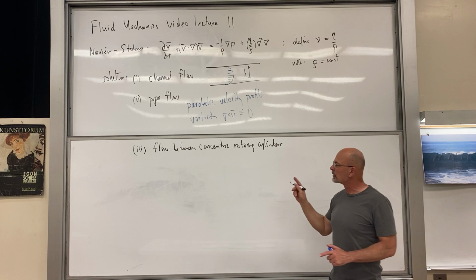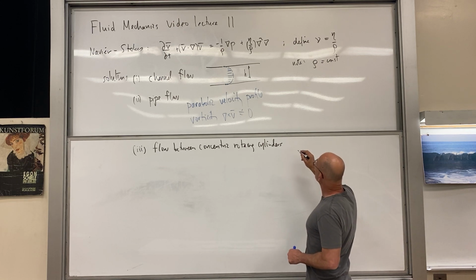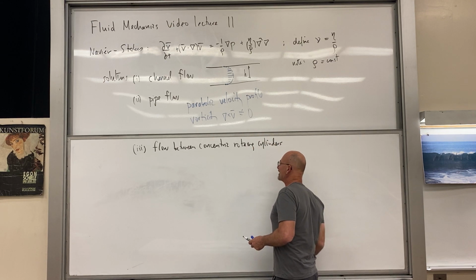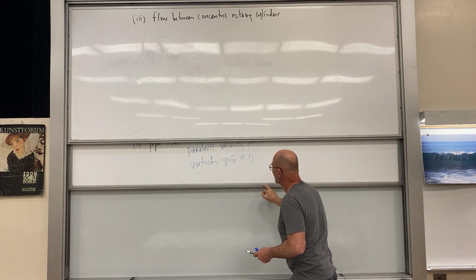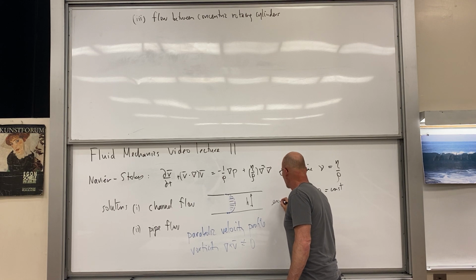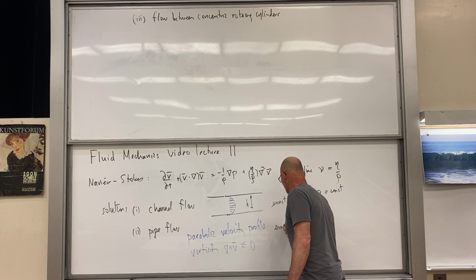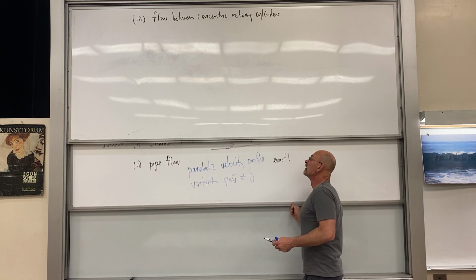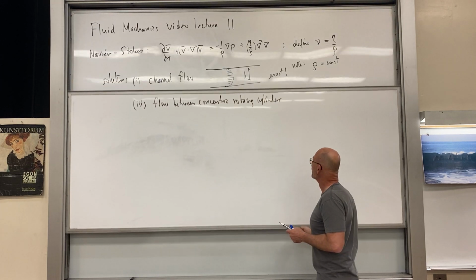Interesting experiments done with those. I'll say why later, but let's mark these down. These two were exact, but they're not all going to be exact. So these we did, they are exact. And this one here is also exact. The flow between rotating concentric cylinders, right?